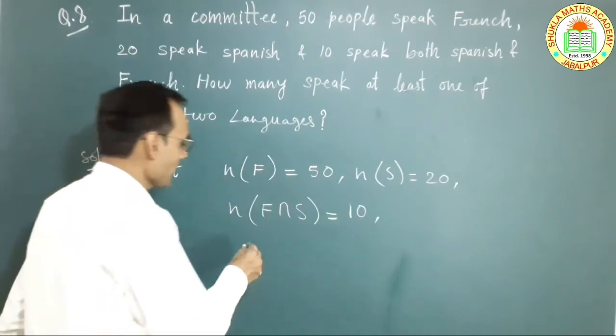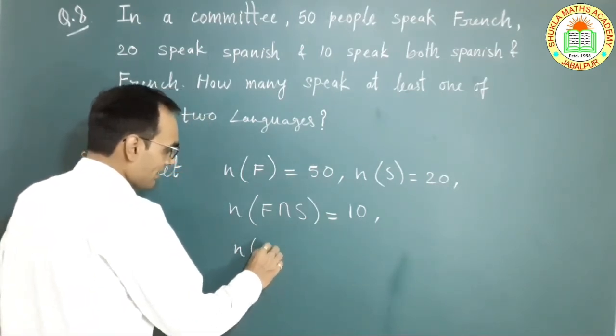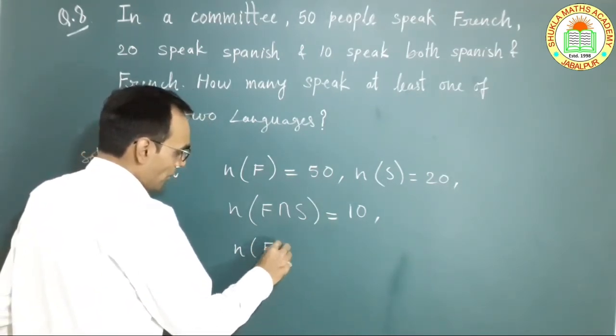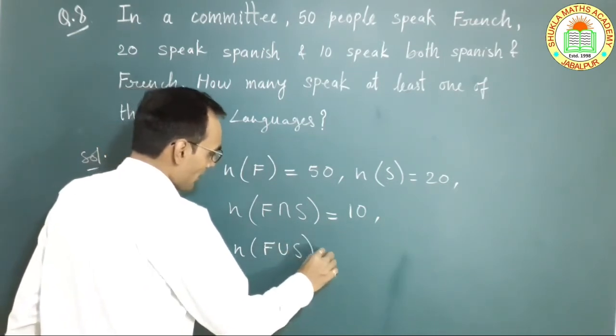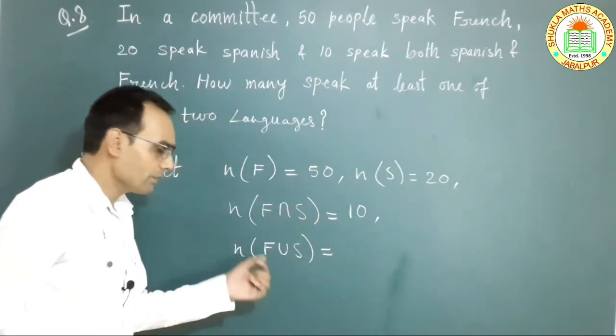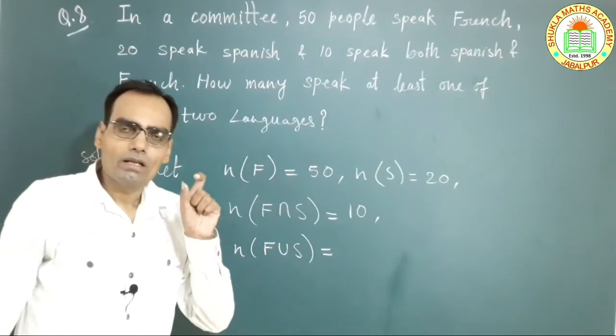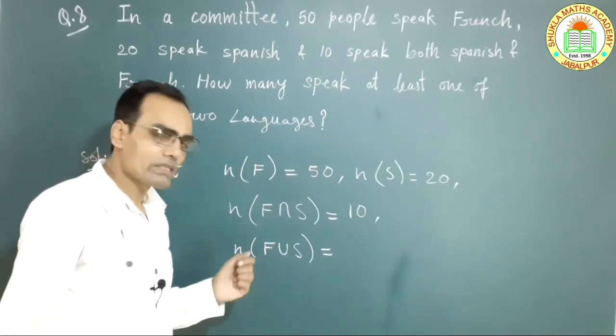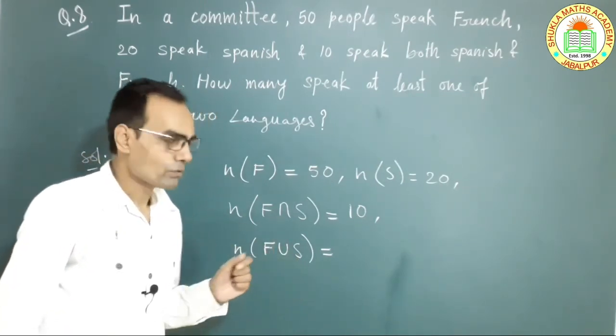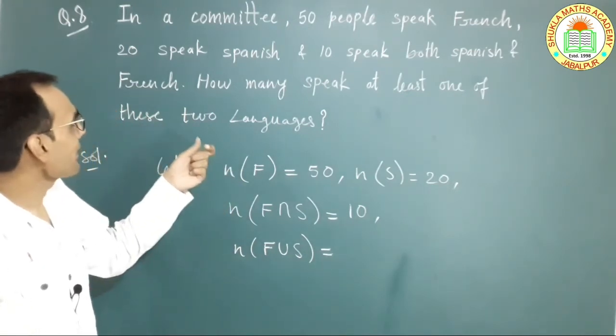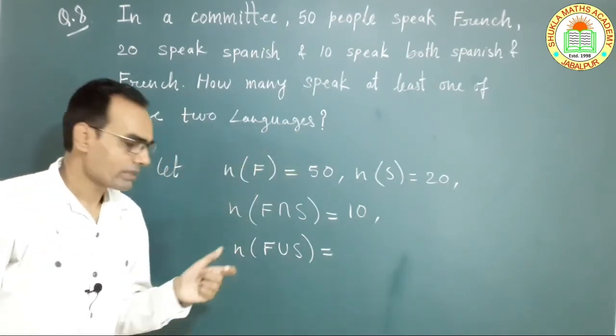So we have to find the number of elements in F union S, right? Union means the element belongs to at least one set, F or S. So our question is that we have to find how many speak at least one language.